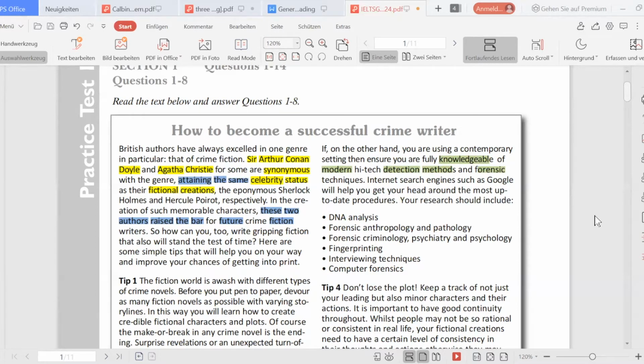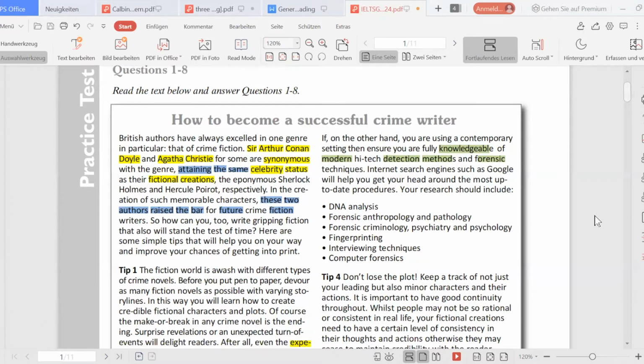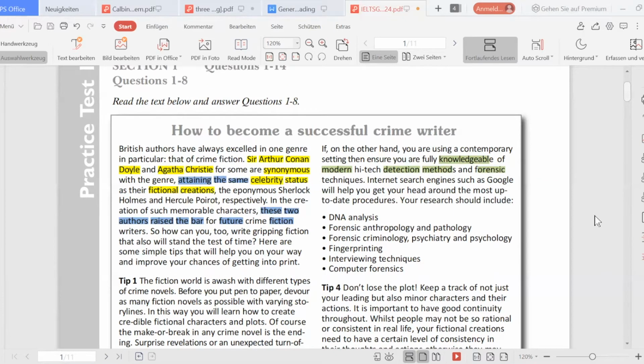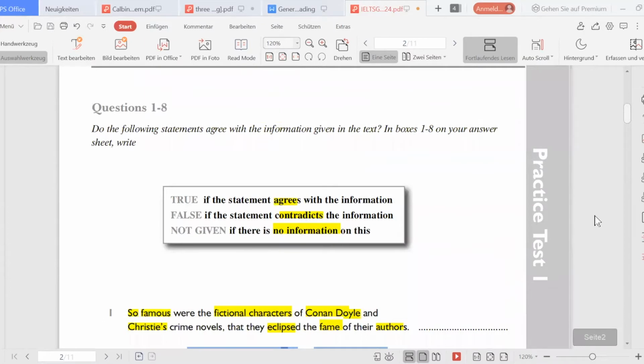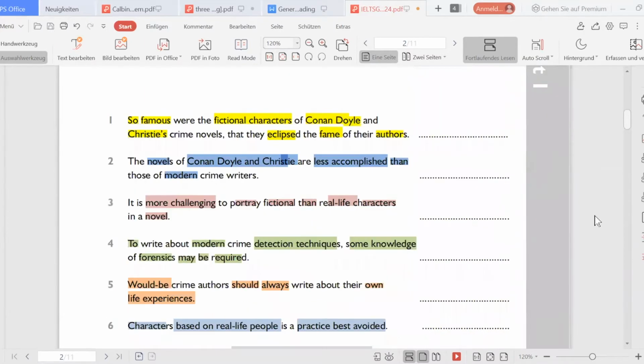Do you see that? It already sounds like this statement is true. Why is it true? I intentionally left out the modal verb may because it's been reformulated. So we've got all the other keywords: modern, detection techniques, some knowledge, knowledgeable, forensics, and required is also there.